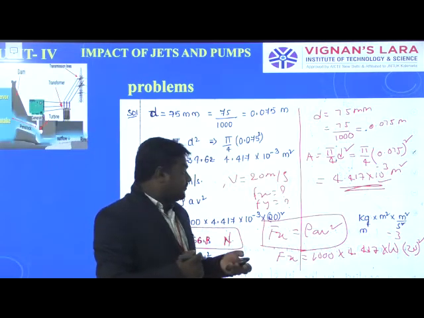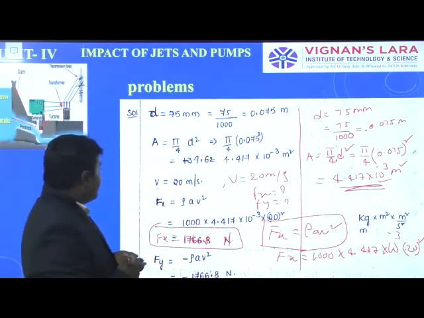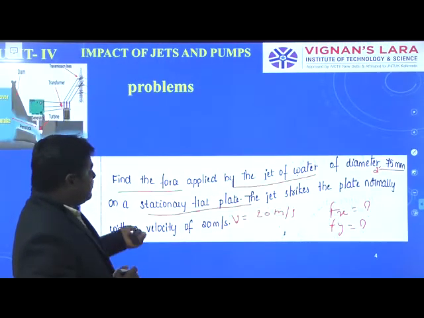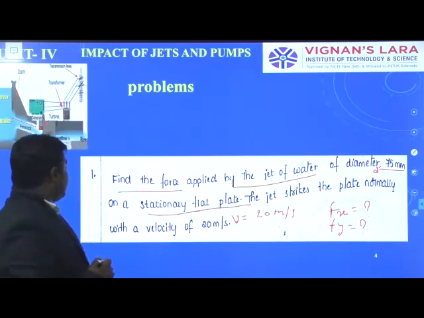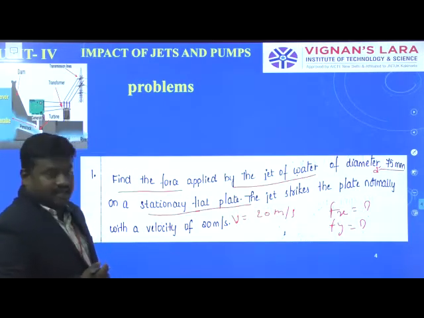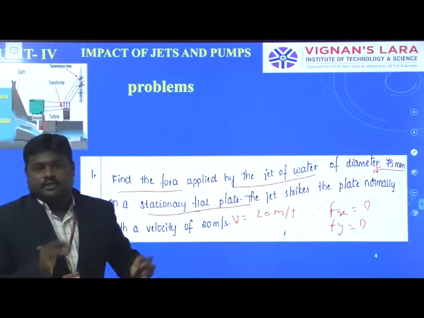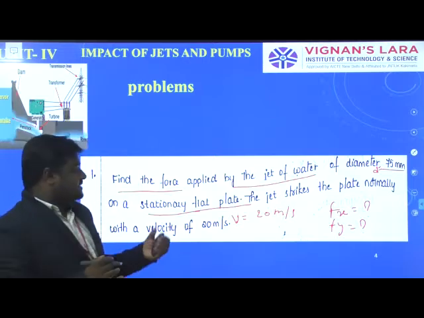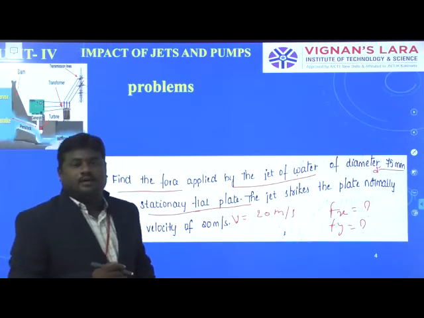Now I want to explain again what is given and what we have to find. Once again, see the problem. First, we have to find the forces applied by the jet of water. Water has a constant density, the value is 1000.